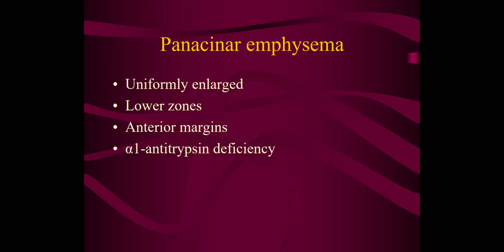It is seen as dilated alveolar sacs towards the lower zones and also the anterior margins at the attachment of the pleura. And another entity which is associated with panacinar emphysema is alpha-1 antitrypsin deficiency. So what is the association? We'll see in detail when we see the pathogenesis.